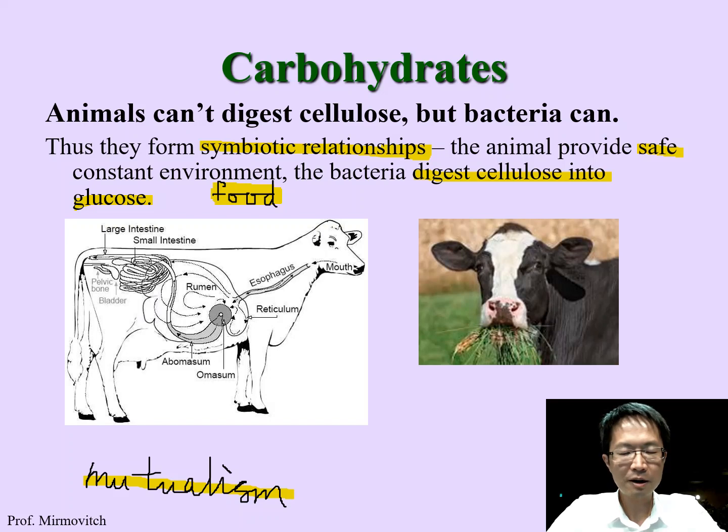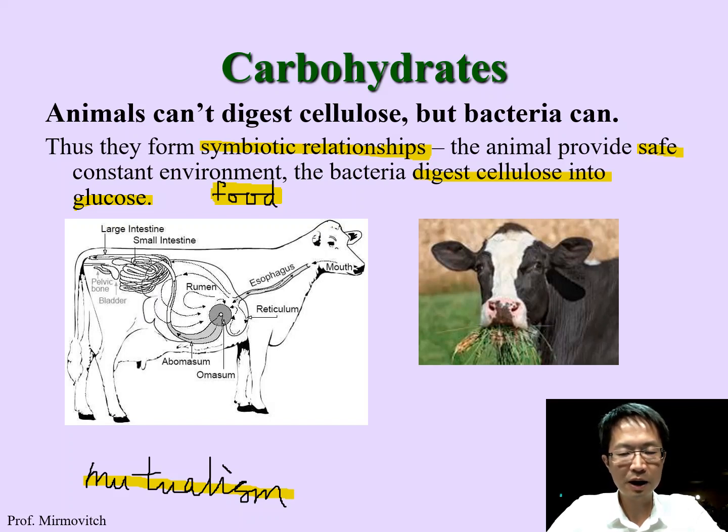But the parasite keeps on absorbing all the food and nutrients from the animal, but does not provide anything back to the host. So the animal is losing a lot of nutrients. So the animal gets hurt by having a parasite. So in parasitism the host or the animal has the disadvantage, but the parasite has the advantage.